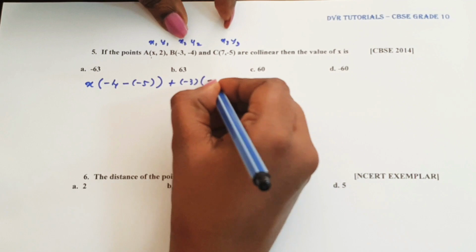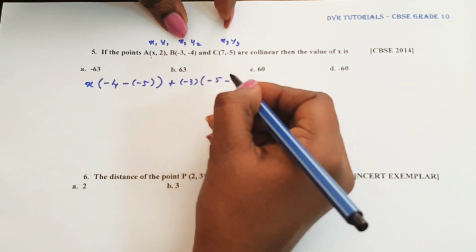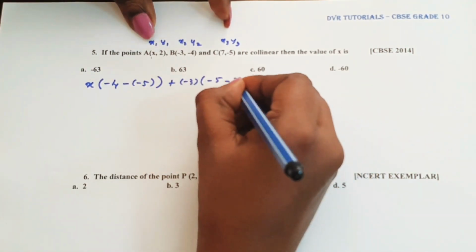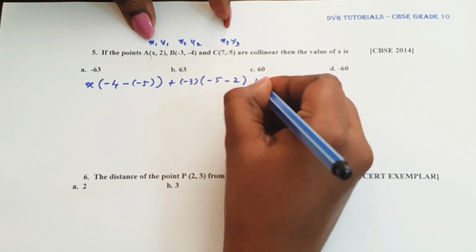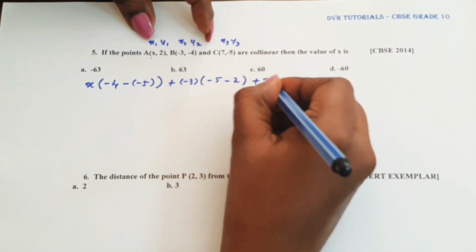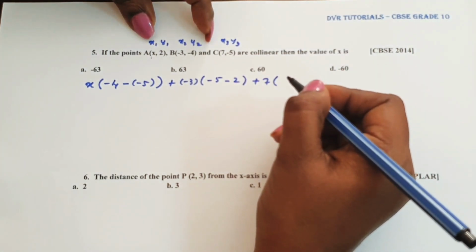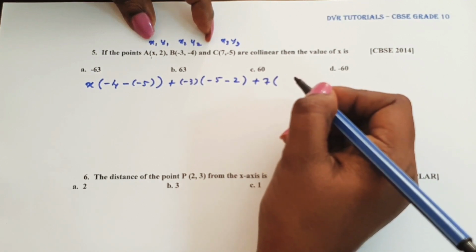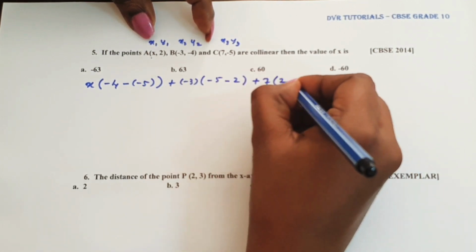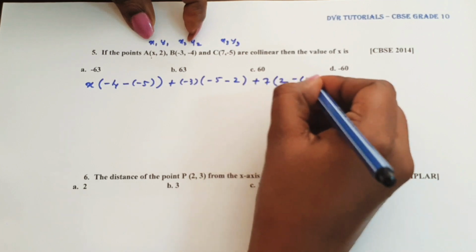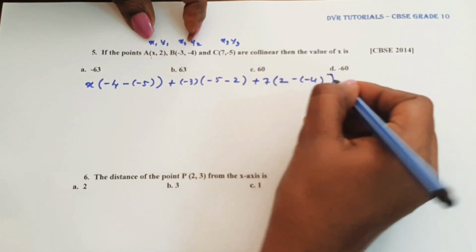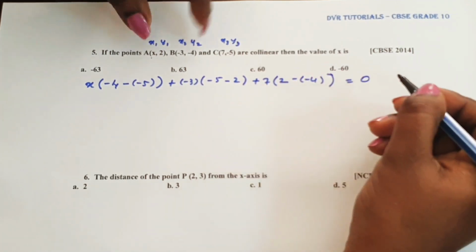So y3, which is minus 5, minus 1, which is 2. Then plus x3. What is my x3? 7. When it is x3, what is the cycle? After 3 comes 1 and 2. So it is 2 minus 4, and all of this is equal to 0.